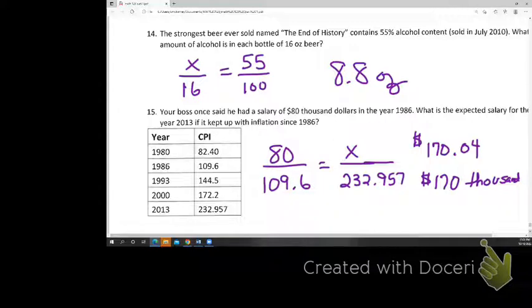We can leave 1,000 off the 80, but when we get the answer, you should not be telling me that his salary is $170. What if I put 170,041 without any commas? That's okay. The commas are just to help make it readable. But if you stick decimals in by mistake, that changes the values.